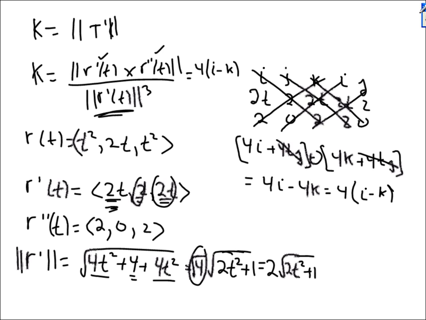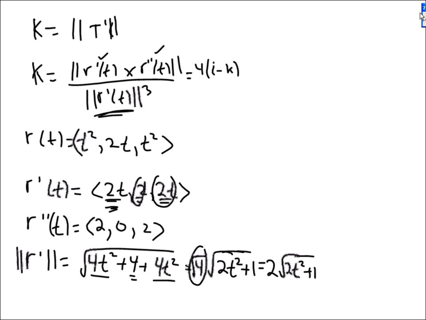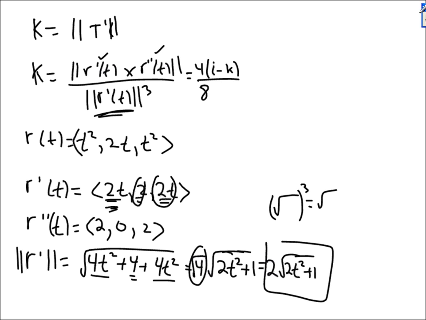Now I need the length of r prime cubed. Here's the length of r prime. You cube 2, you get 8. If you have the square root of anything and you cube it, that means the square root of something times the square root of something times the square root of something.